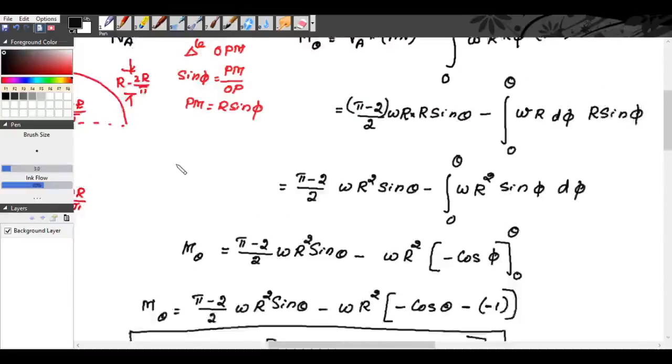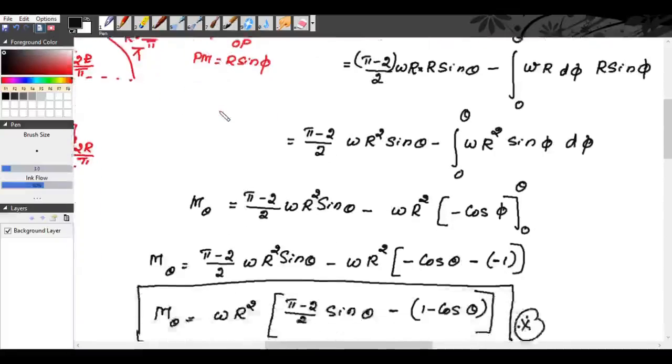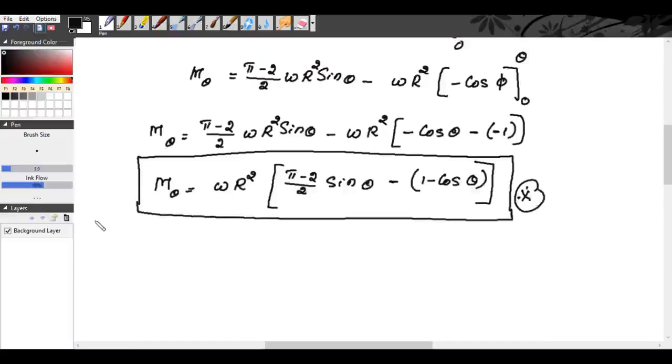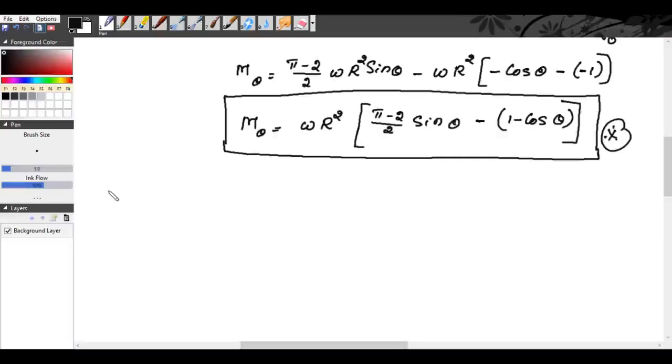So now look into the diagram. We have obtained bending moment at a section x. Now we need to find the variation. That is, what is the bending moment at A and what is the bending moment at B. Then only we will be able to draw the variation of bending moment. So now, what is the bending moment at A?